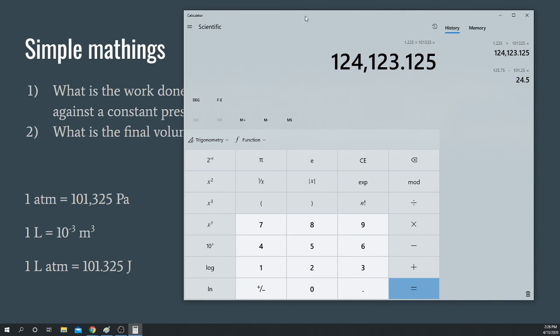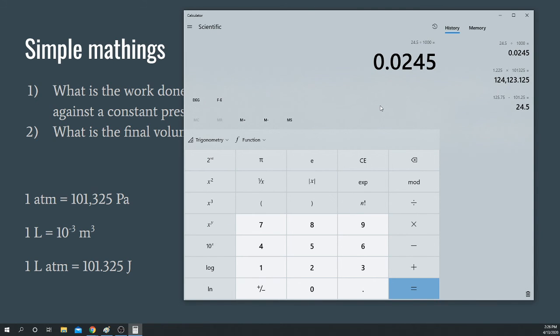We also need to convert from milliliters. We have 24.5 milliliters right here. We need to convert that to cubic meters. So 24.5 milliliters, you divide by 1,000, 0.0245 liters.